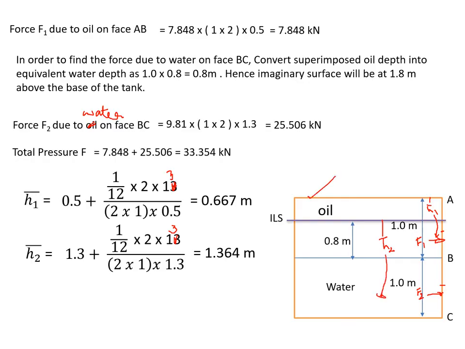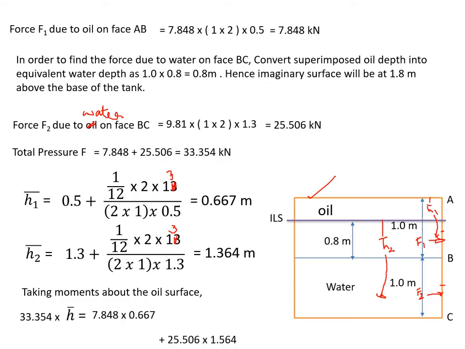So take moments about the top surface, that is the oil surface. So the moment of the resultant is equal to the moment of the components about the same surface. So therefore 33.354 multiplied by H bar should be equal to F1, which is 7.848, into H1 bar, which is 0.667, plus F2, which is 25.506, into the distance.